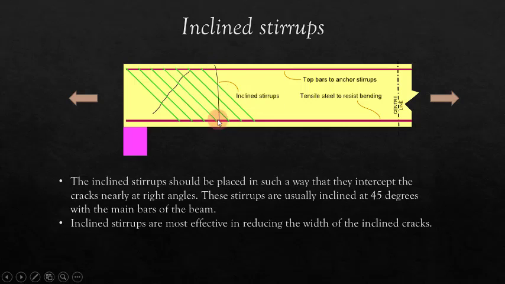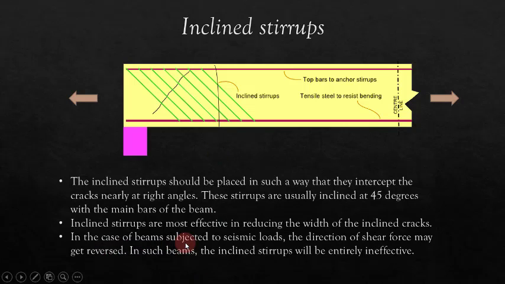So, the inclined stirrups will effectively intercept those cracks. But in the case of beams subjected to seismic loads, the shear force's direction may get reversed. In such beams, the inclined stirrups will be entirely ineffective as these stirrups will not intercept the crack now.